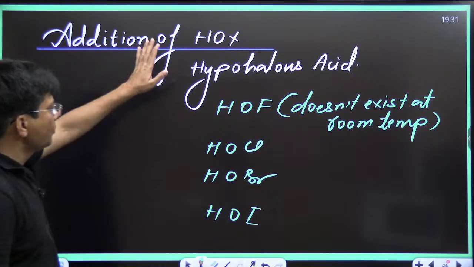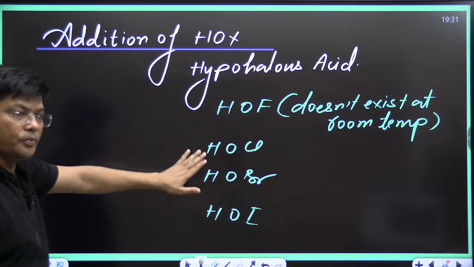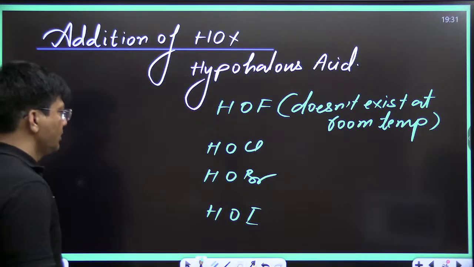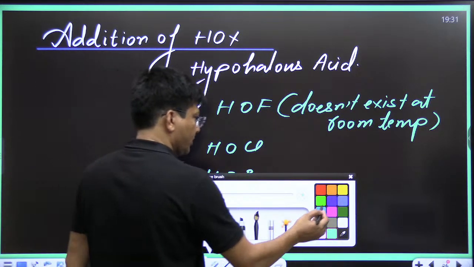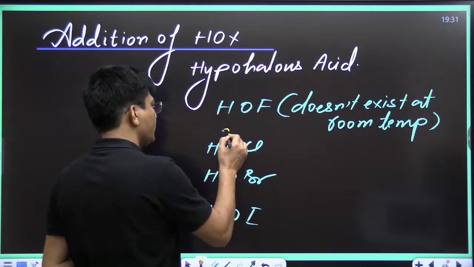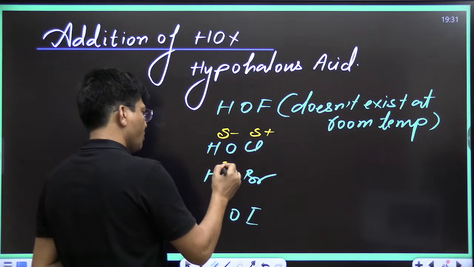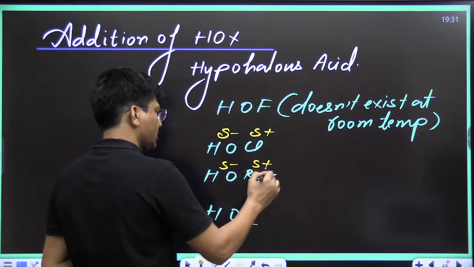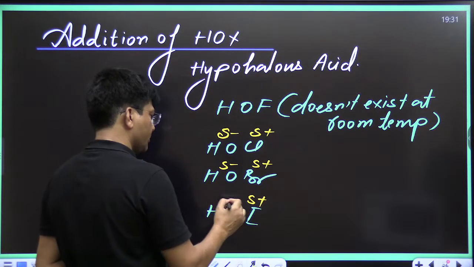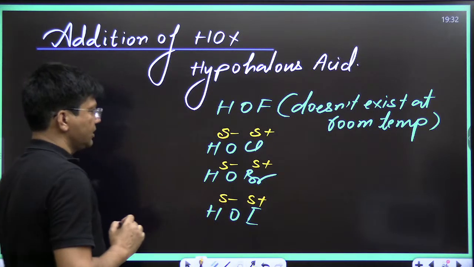Now here most of the students are going to make mistakes. So be careful: in this, O is delta negative and Cl is delta positive; similarly Br is delta positive, I is delta positive, and O is delta negative.